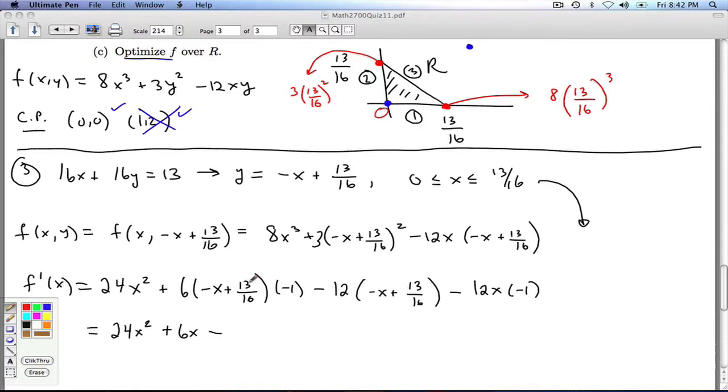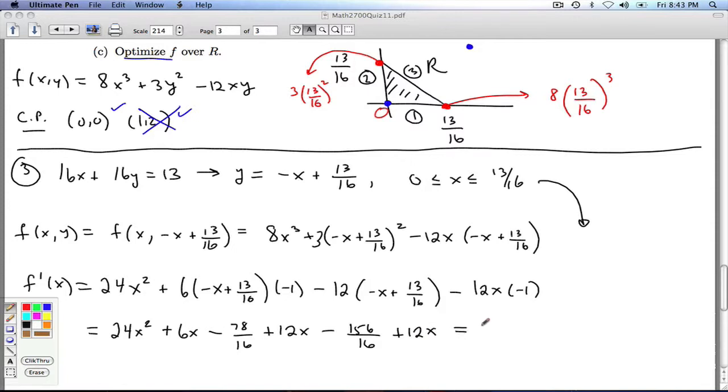That's 60 and 18, 78 over 16. I'm going to get a plus 12x. I'm going to get a minus 12 times 13. So that's 130 and 26, 156 over 16 plus 12x.